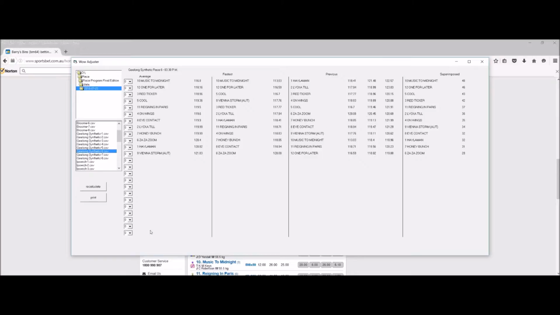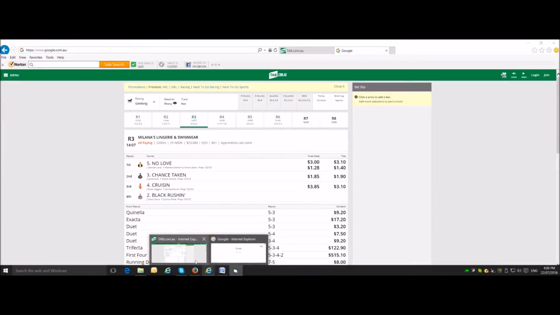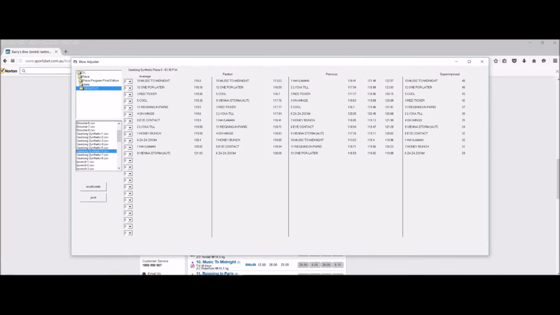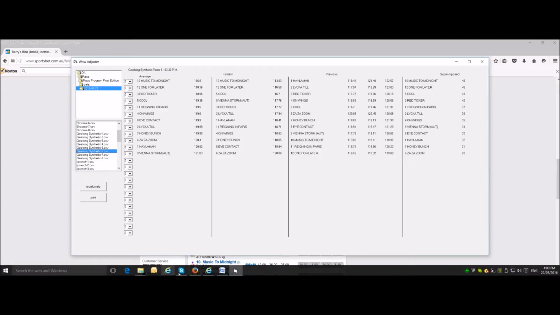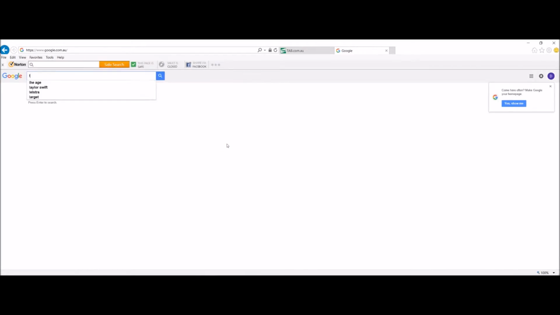Now, I've got a bet calculator that can calculate what that would cost to put on. Tab.